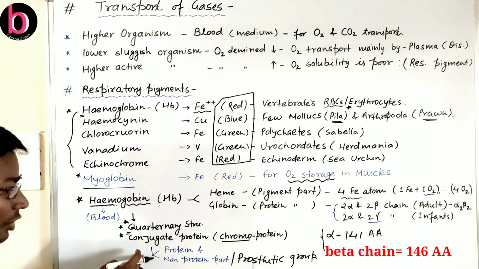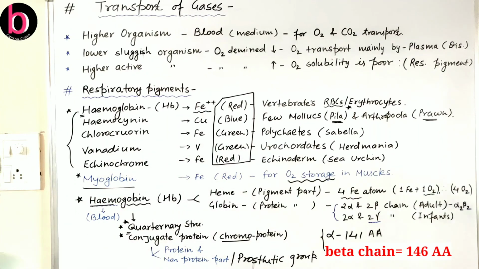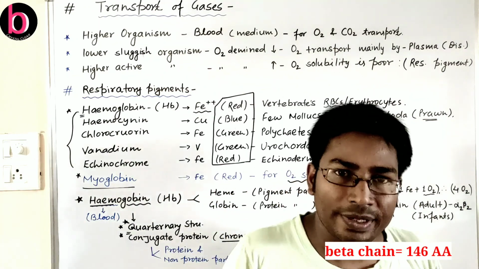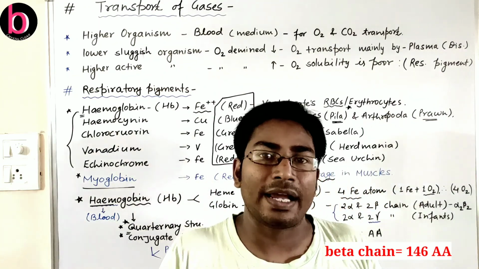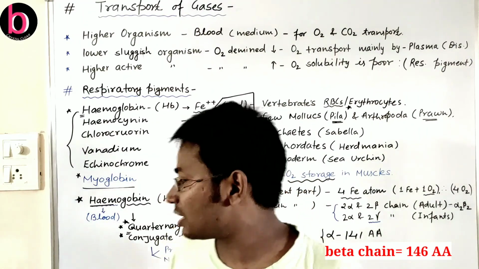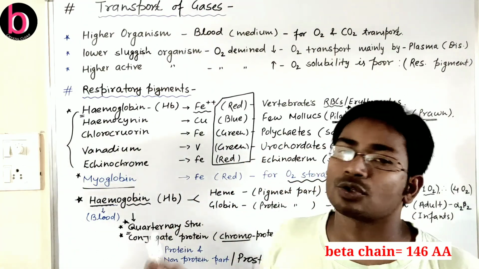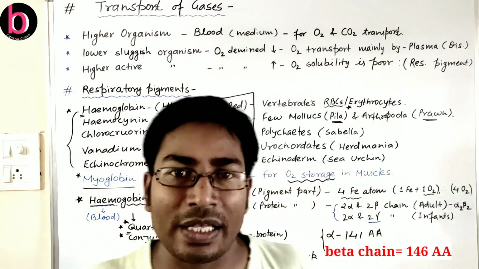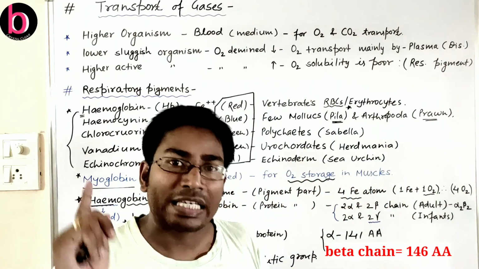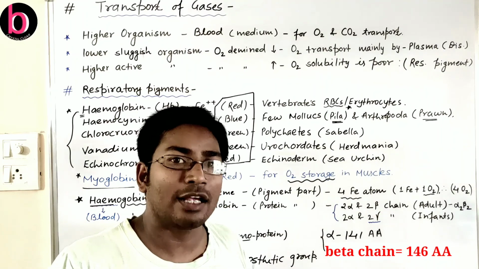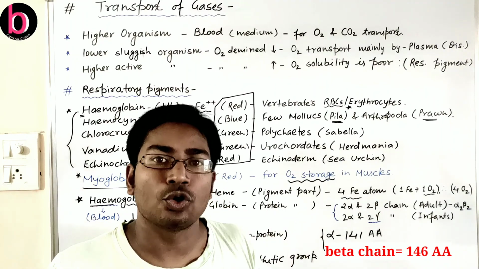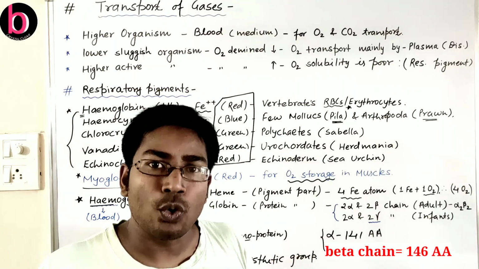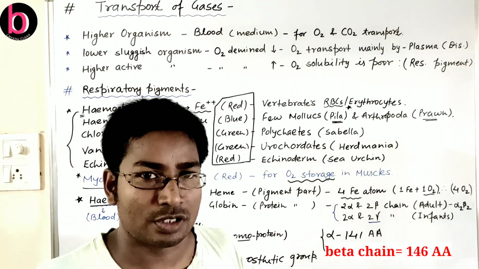So these two pieces of information again: hemoglobin is quaternary in structure, carrying 2 alpha and 2 beta chains. There is an iron pigment, red in color, and hemoglobin is also a conjugate protein. In each hemoglobin there are 4 iron atoms. Each iron atom is capable of carrying 1 oxygen molecule. So one hemoglobin is capable of carrying 4 oxygen molecules.